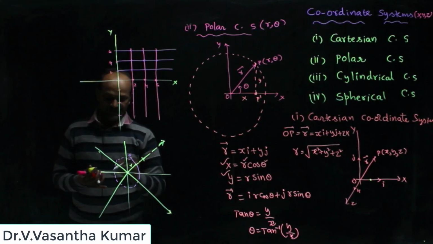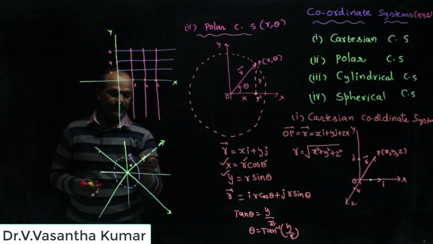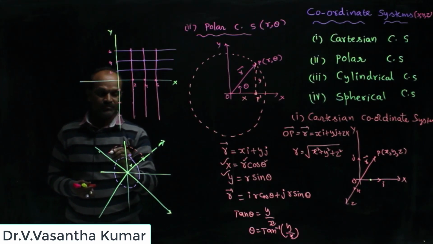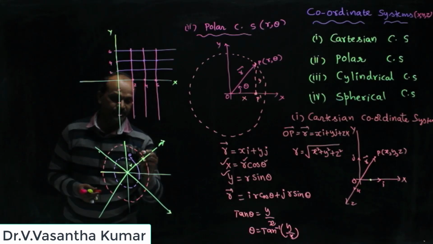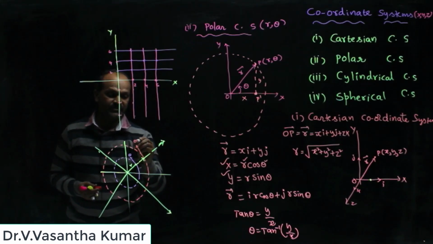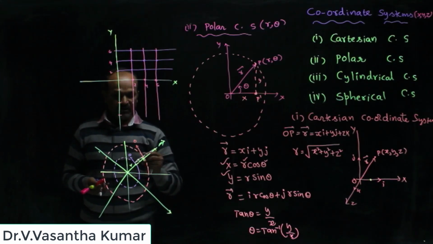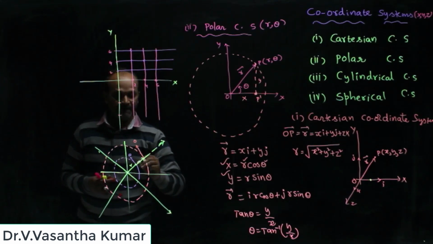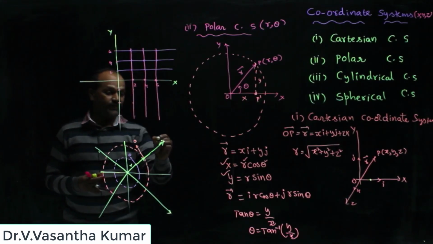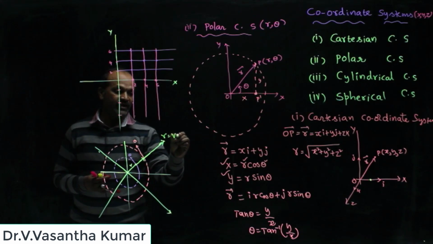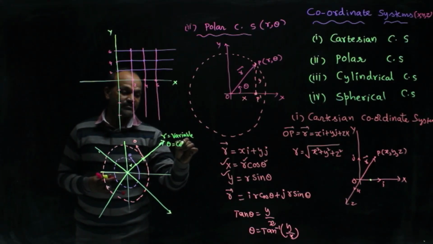If you vary the theta, see here again you will get a plot like this. So here theta is varying. So all this yellow line, let me join this yellow line, here r is variable and theta is constant.